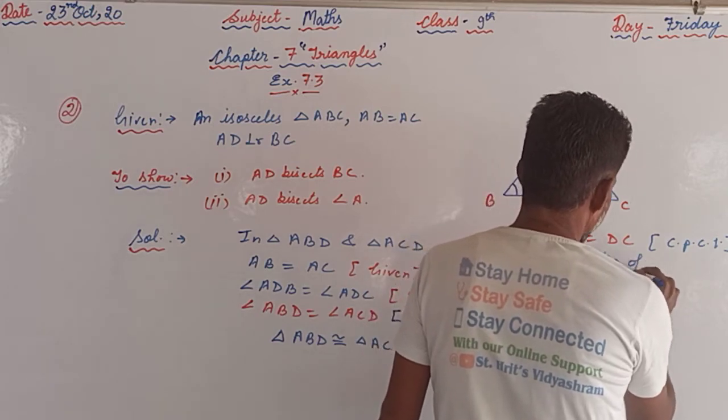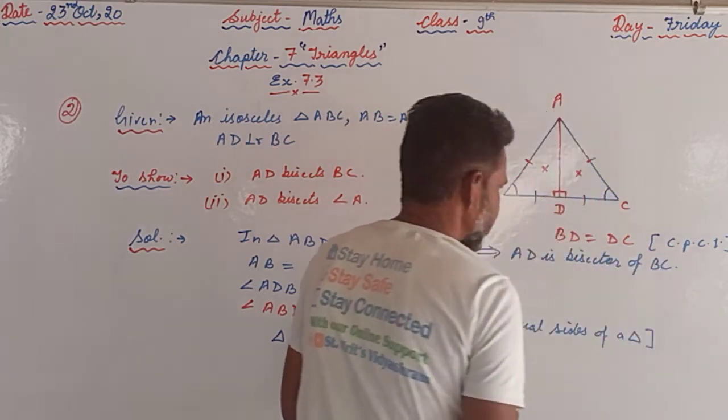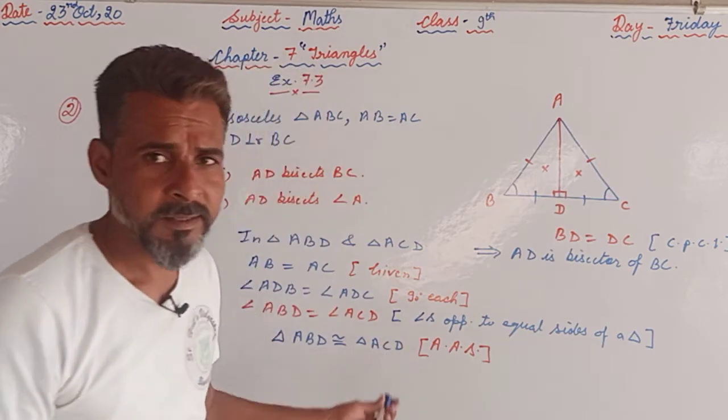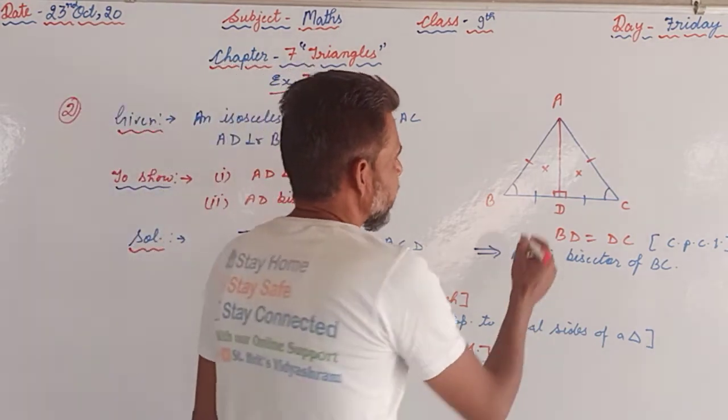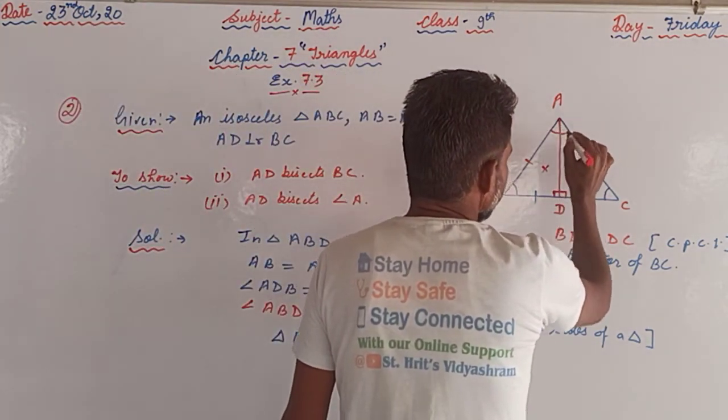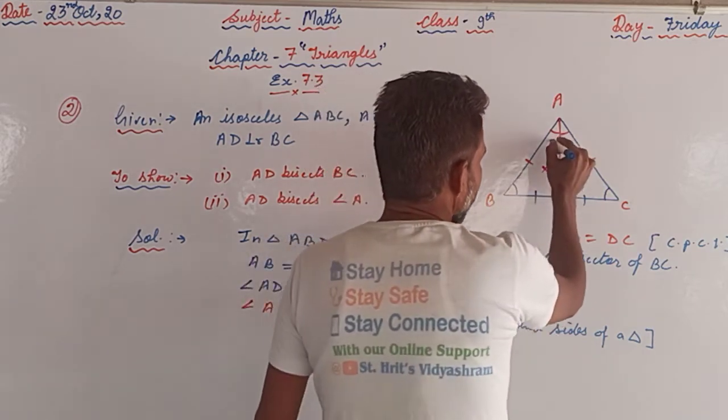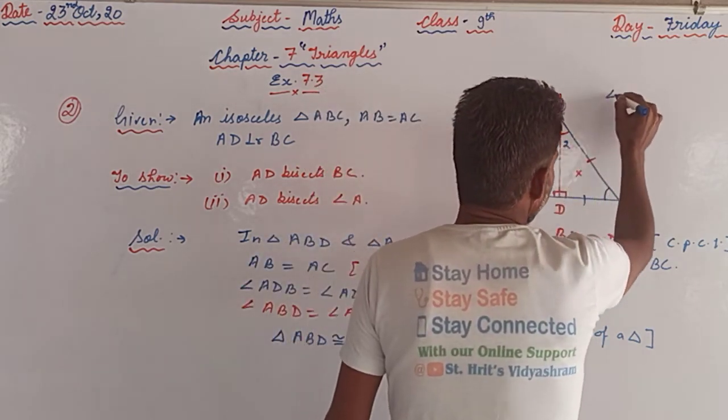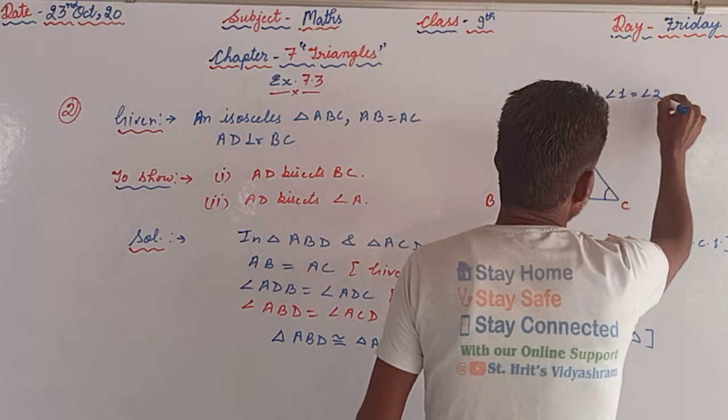Now again, if the triangles are congruent, their corresponding parts will also be the same. So here angle 1, here angle 2, angle 1 is equal to angle 2. Why?